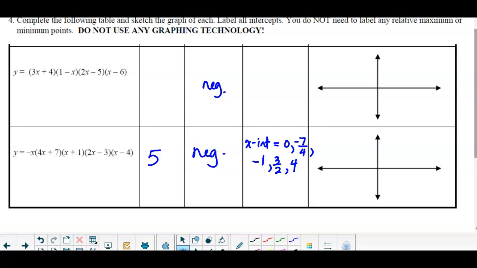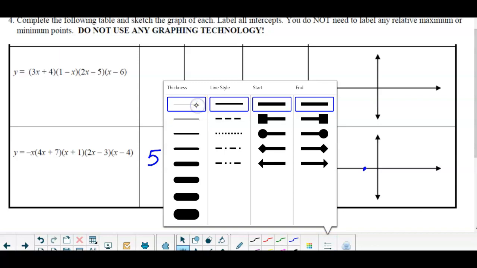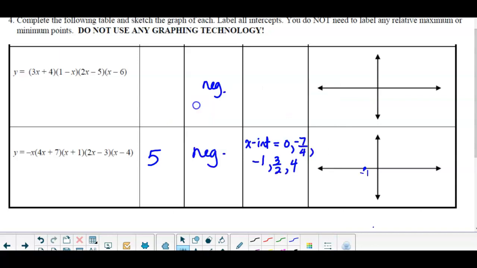Not a very big place to sketch it, but again, it's a sketch. So, want to place the x-intercepts appropriately. So we've got 2 that are negative. So we've got -1, let's say there. So -1 and -7/4. Then I've got 0.